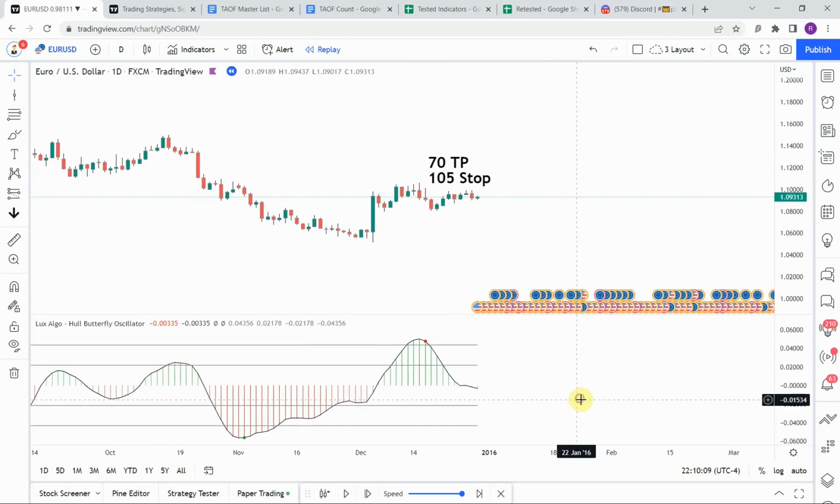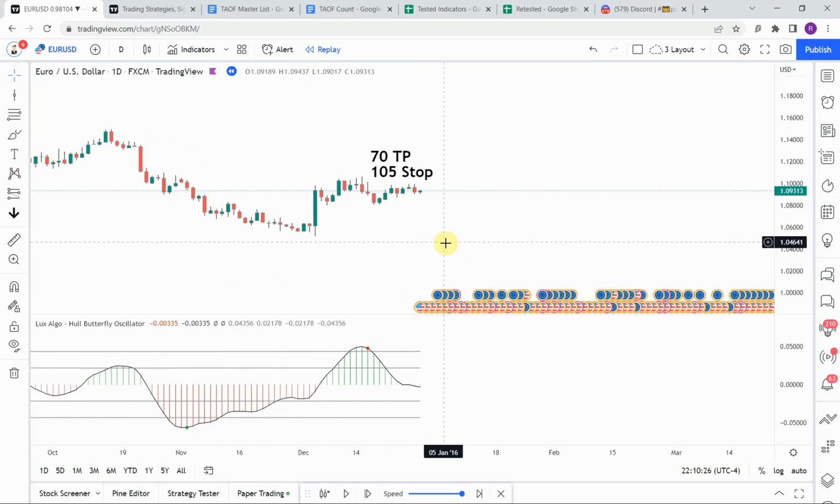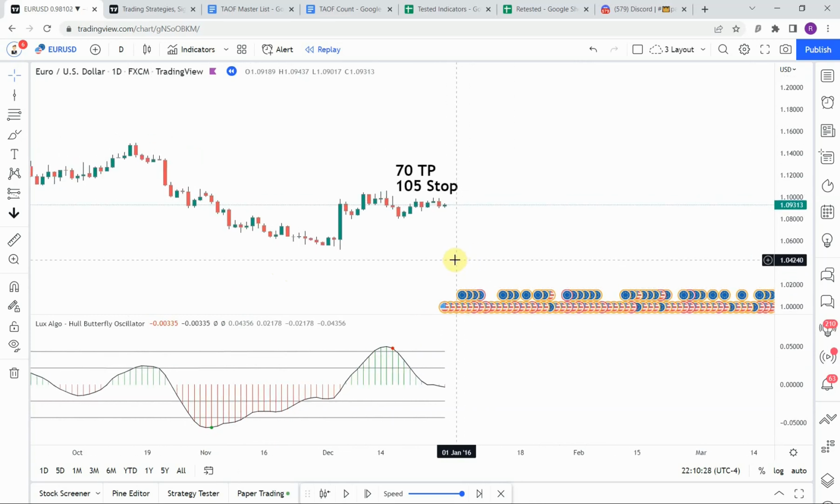When we get a red dot, that is going to be a signal to go short. When we get a green dot, that is going to be a signal to go long. And that's how we're going to test it. Let's go ahead and get on with the testing and see what we can get out of this.